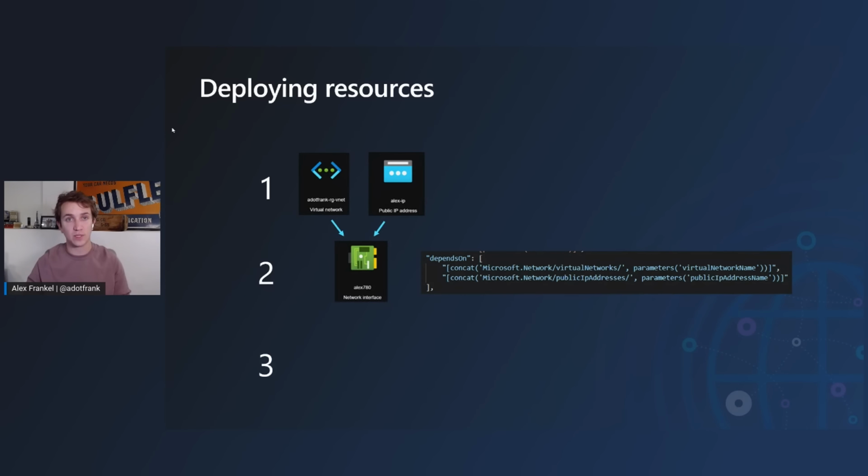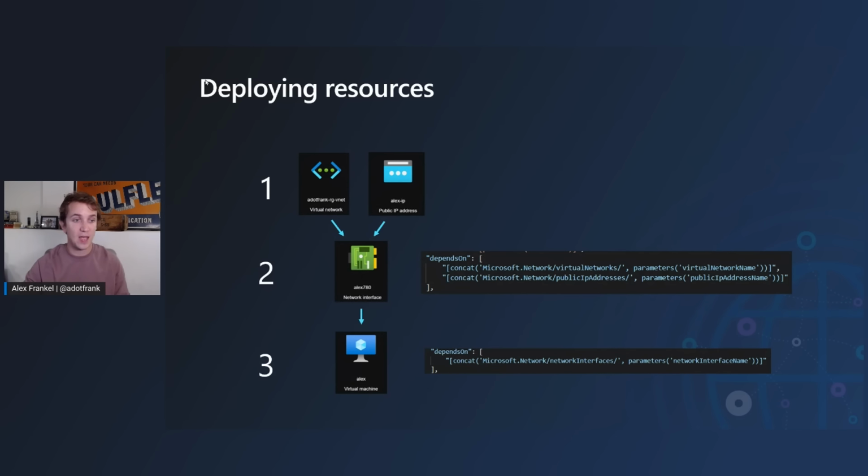And so this is how the ARM template knows to wait for those first two resources before moving on to the next one. And then same thing, that network interface is going to create, and then once it's done, we'll move on to the virtual machine. And then if we looked at the template for this VM, we would see that there's a depends on statement depending on the network interface card. So this is how the actual sequence of events gets determined.